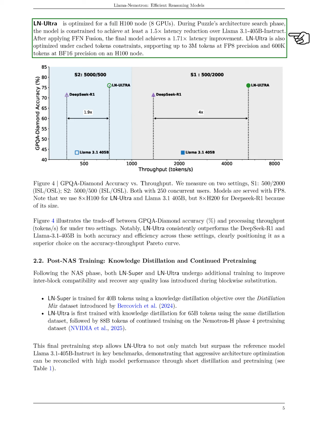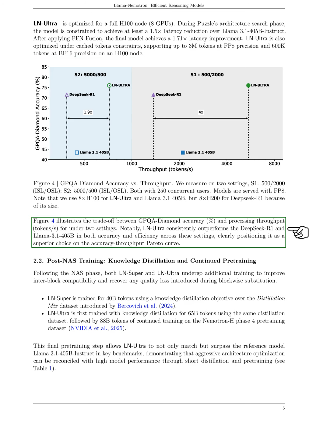LN Ultra is also optimized for cached tokens, supporting up to 3 million tokens at FP8 precision and 600,000 tokens at BF16 precision on an H100 node. Our results show that LN Ultra consistently outperforms both DeepSeek R1 and Llama 3.1-405B in terms of accuracy and efficiency, making it a better choice on the accuracy throughput curve.